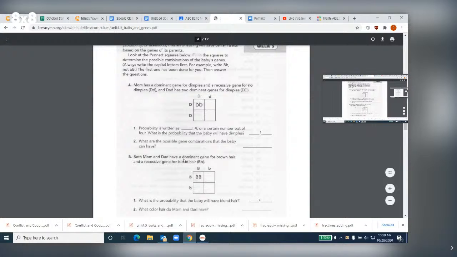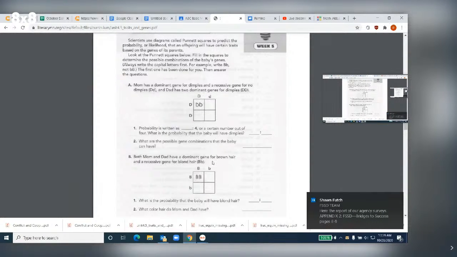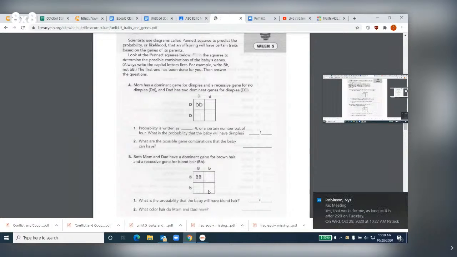So this one, both mom and dad have a dominant gene for brown hair and a recessive trait for blonde hair. So this one would be capital B, lowercase b, capital B, lowercase b, and this one is lowercase b, lowercase b.